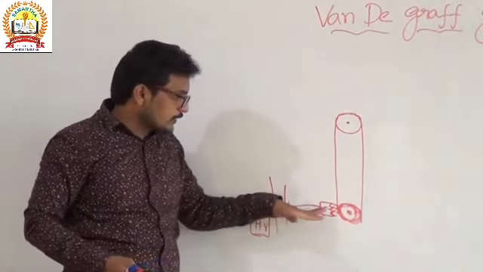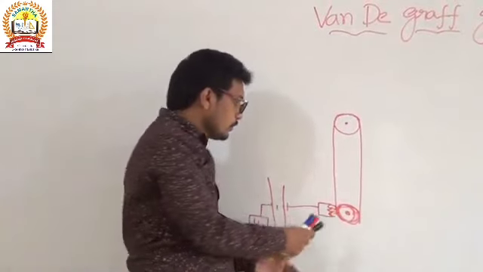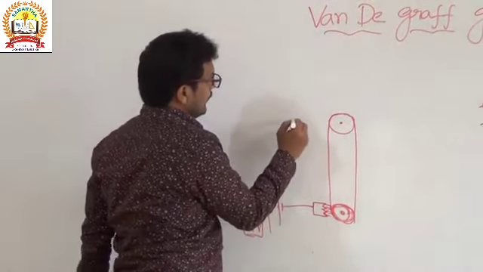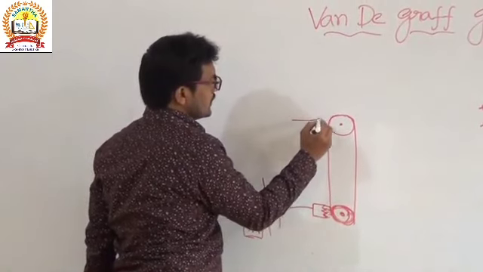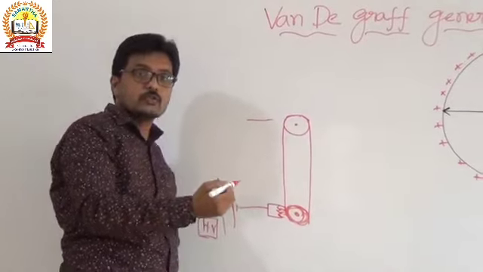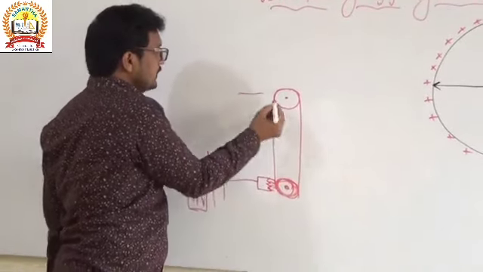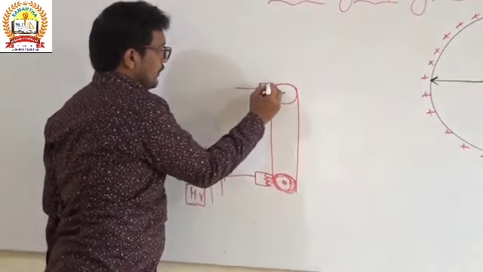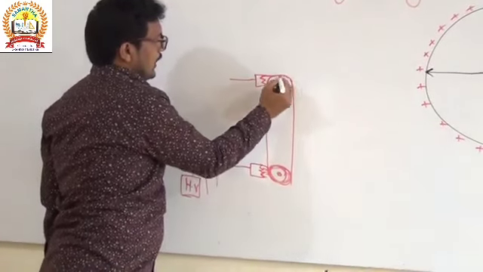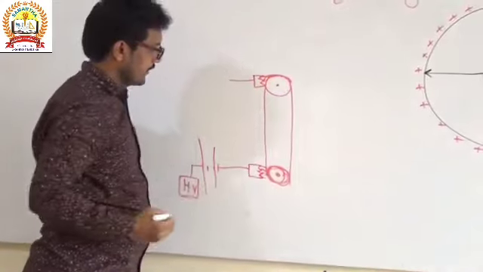The voltage is passing through the emitter comb and through the belt, and we use one more comb, which receives the electrons, or rather receives the charge. It's not only electrons; we can say it receives the charge, and this is connected to the upper surface of the belt.